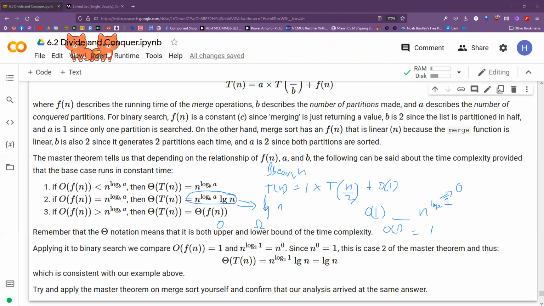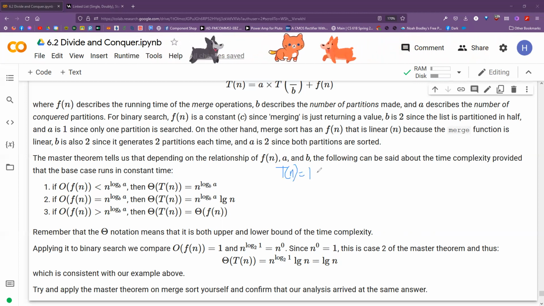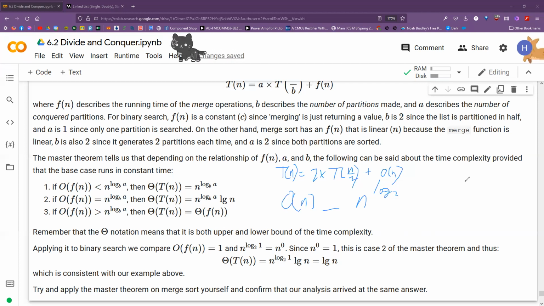And then, for merge sort, since we have T of n is equal to 2 times T of n over 2 plus O of n. So we compare O of n to n to the log base 2 of 2.